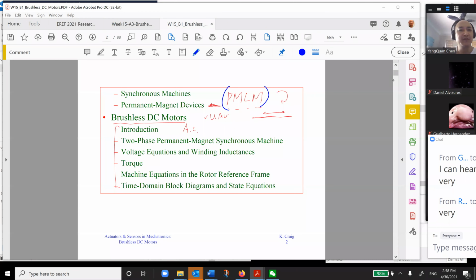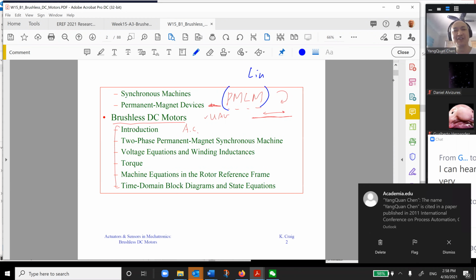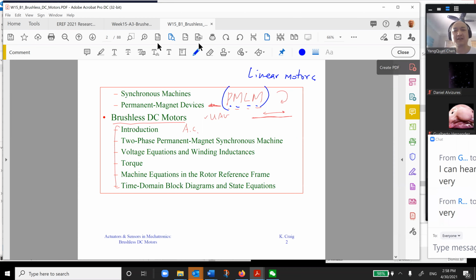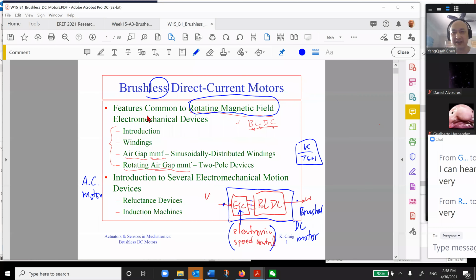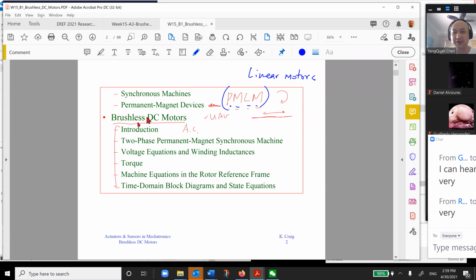It's permanent magnet linear motors, so the motors can go linearly. So all these are the AC motor principle. Then after that, we'll mimic the DC, how we can do that.